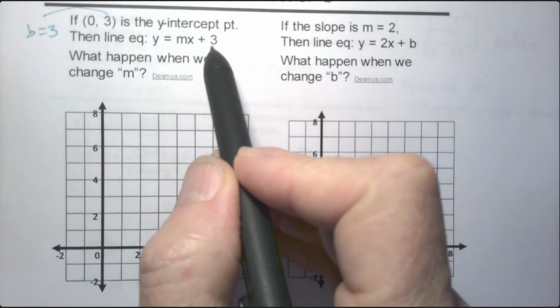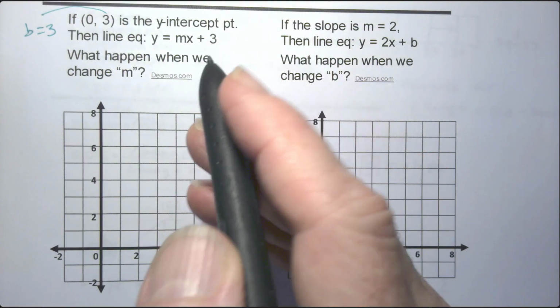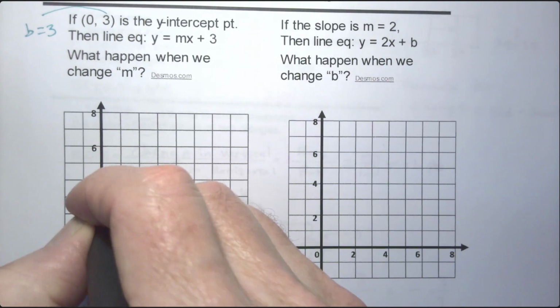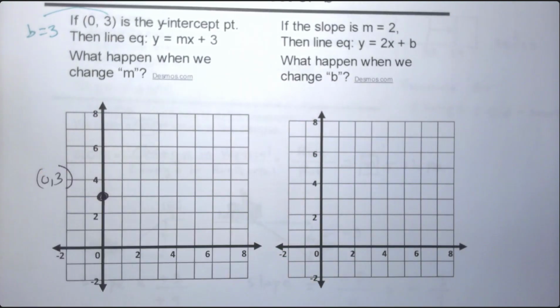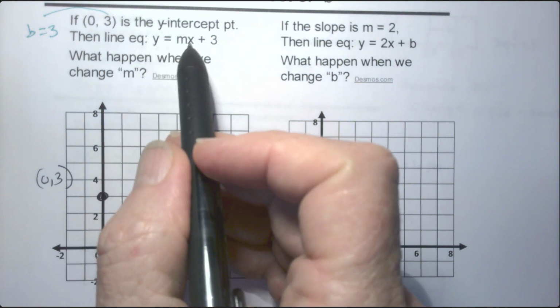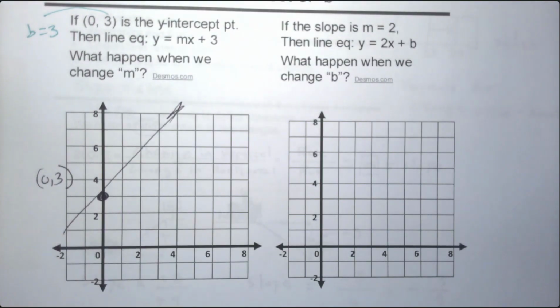Okay, because we're back at the notes, the y-intercept point is 3. That's stuck right here. That is our point, 0, 3. Now, if we change m, sometimes the line will go up. I'm just making random lines, and you can make random lines on your paper too. Sometimes it will slant really high.